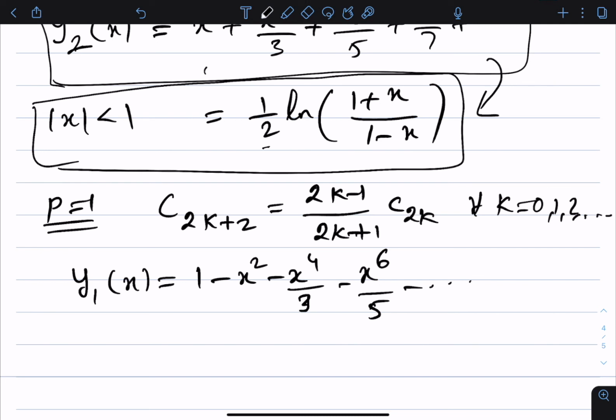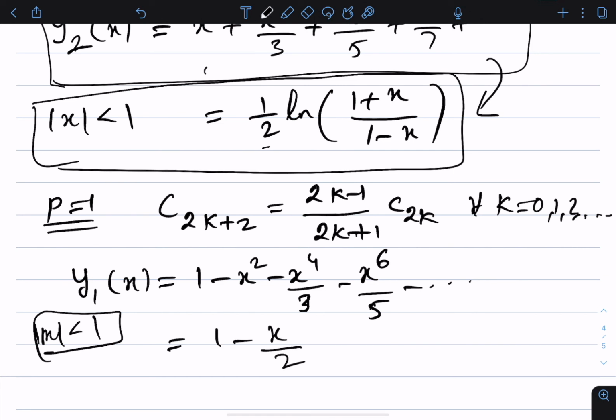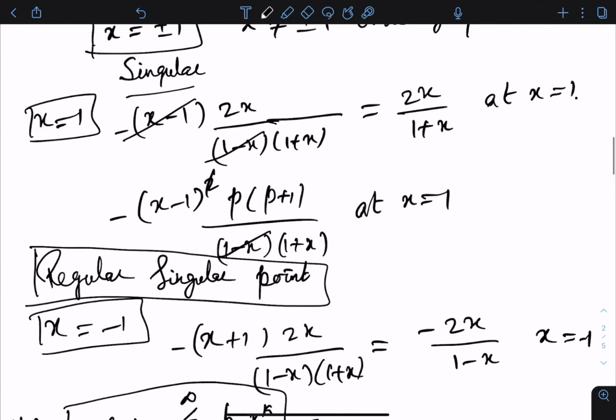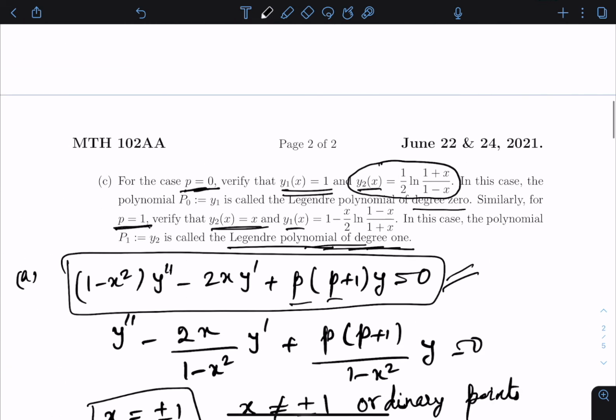Again, if you restrict yourself to mod x less than 1, this is precisely 1 minus (x over 2) log of (1 plus x) over (1 minus x). This is precisely what is given in the question. If you look, this is what is there. This is coming for that case. So y1 is that.